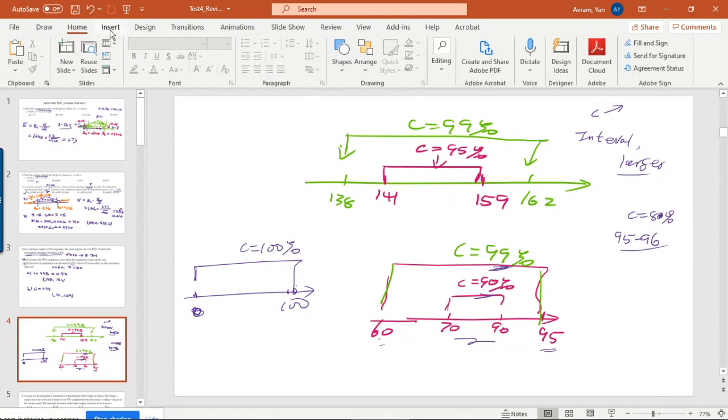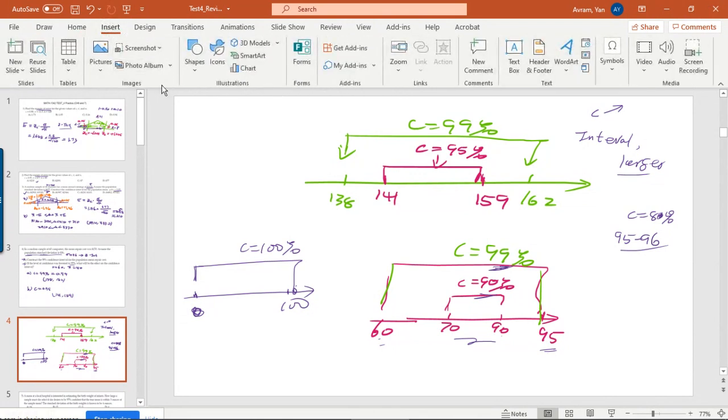But if I ask you how confident you are that you're going to score from 90 to 100, will you be 100%? Can you tell me that you're going to test between 90 and 100? Probably not, right? You probably don't have 100% confidence. You'd probably say I'm maybe 90% confident. So your confidence level will decrease with a smaller interval.